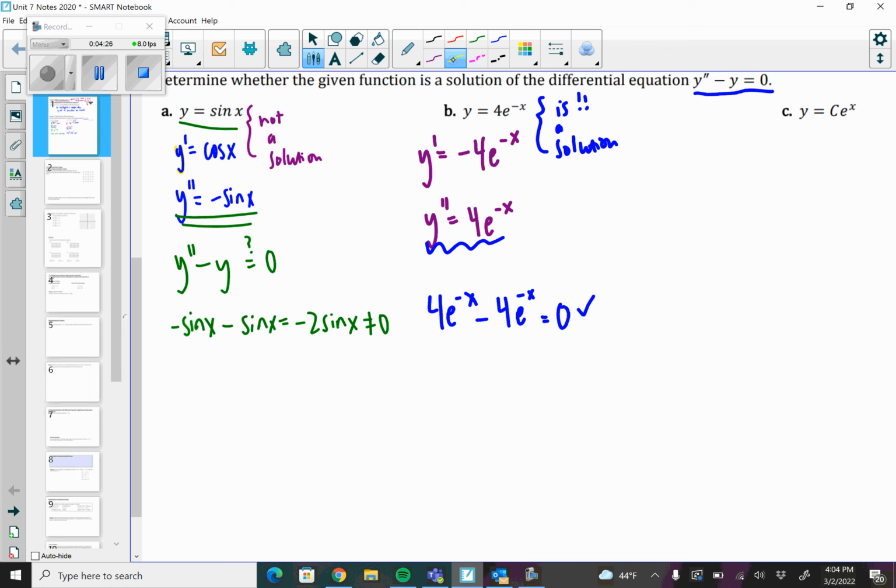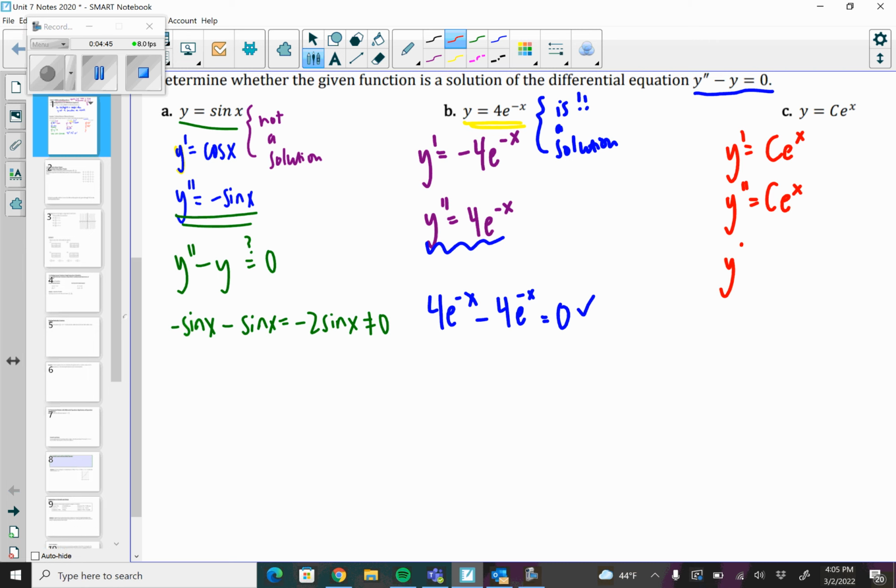This is one solution. There could be many solutions. Let's look at C. Y is equal to c e to the x. Well, again, we need y prime. The first derivative would still be c e to the x, and our second derivative, also c e to the x.